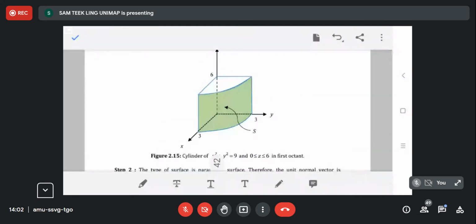First octant cylinder. Your cylinder can be in the first octant, half cylinder, or full cylinder, first or third.